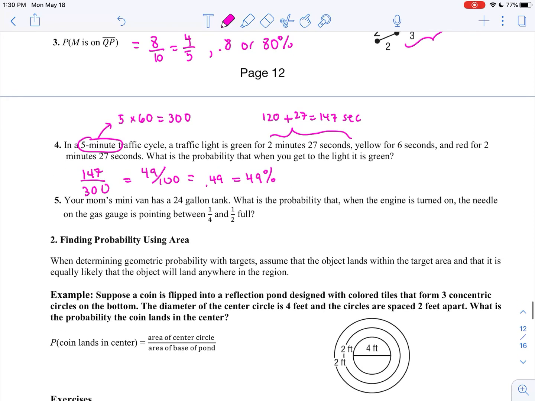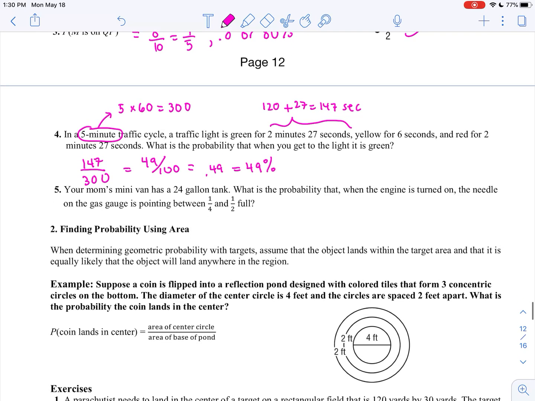Okay, the next one is another unit of measure, this time gallons. Your mom's minivan has a 24-gallon tank. What is the probability that when the engine is turned on, the needle on the gauge is between 1/4 and 1/2? If you're looking at the gauge, 1/4 full is down here where this is empty, and between 1/4 and 1/2 you have a quarter of the tank.